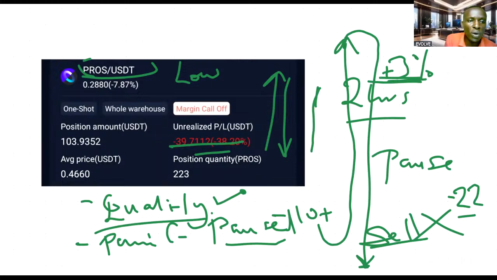So back to the question of Jove. How do you determine the quality coin? Jove, you come here. Let us remove our whiteboard first of all. Come on your CoinMarketCap. In CoinMarketCap, this application, I told you to have it.